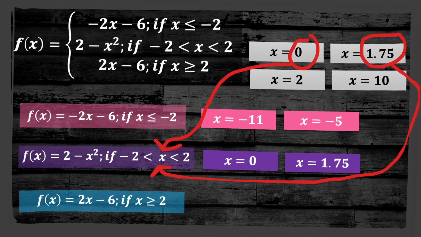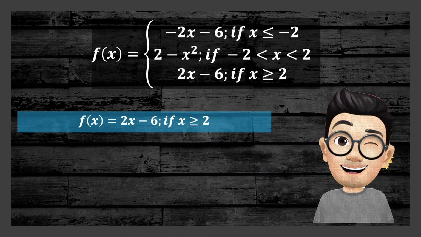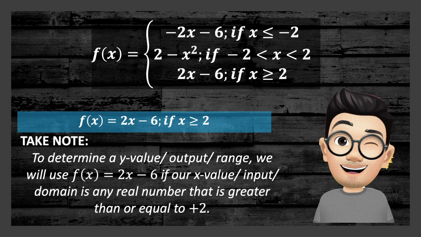The last subfunction of our piecewise function is telling us to use it to find for the y values of x values which are greater than or equal to +2.